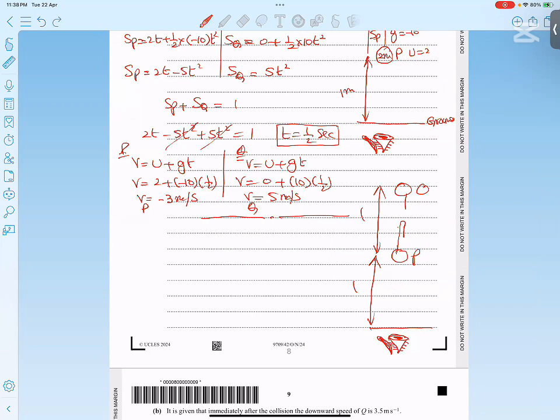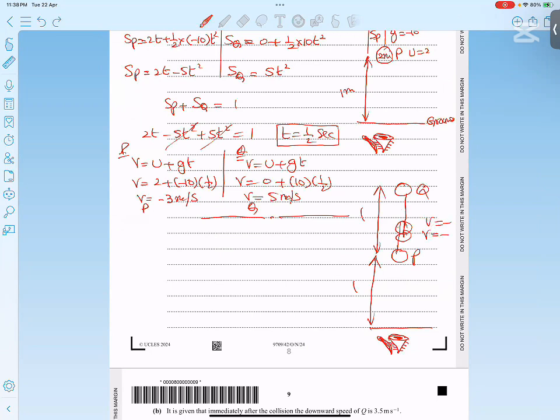Okay, so now we can say that this P was traveling down and Q was also moving downwards. So both velocities are negative, and that is why I must keep this velocity also negative.